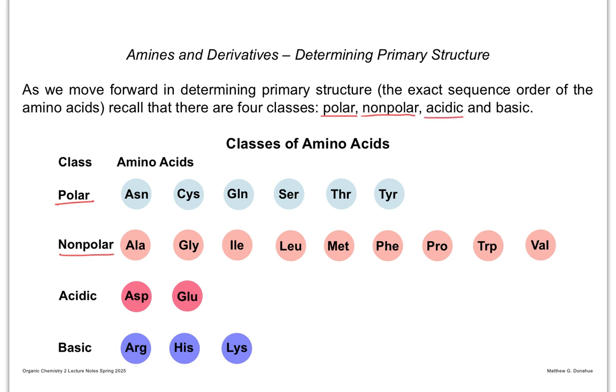The acidic amino acids will be the dark red, and then the basics will be the dark blue. So within each of those circles are the 3-letter abbreviations, and we're going to learn some methods of how we can cleave a long chain into defined segments that will help us analyze the sequence better.